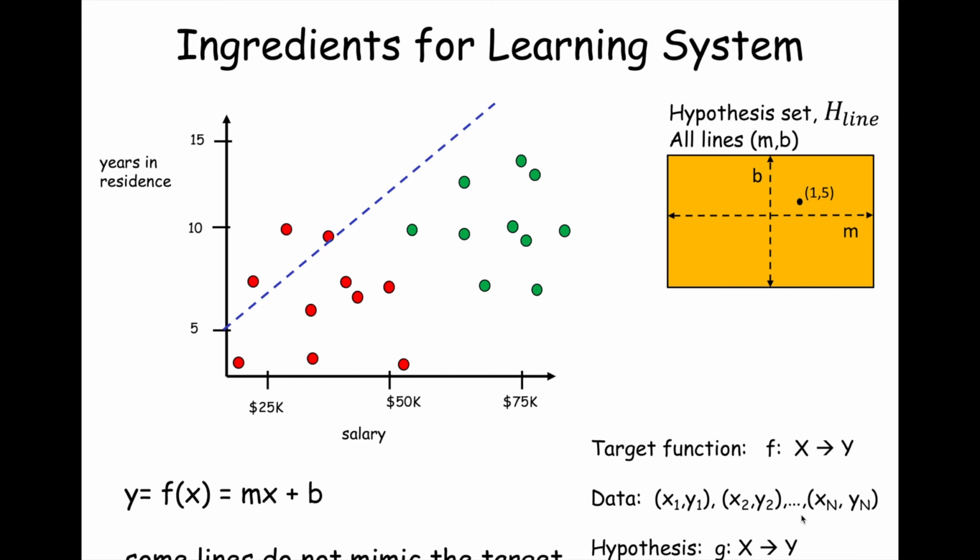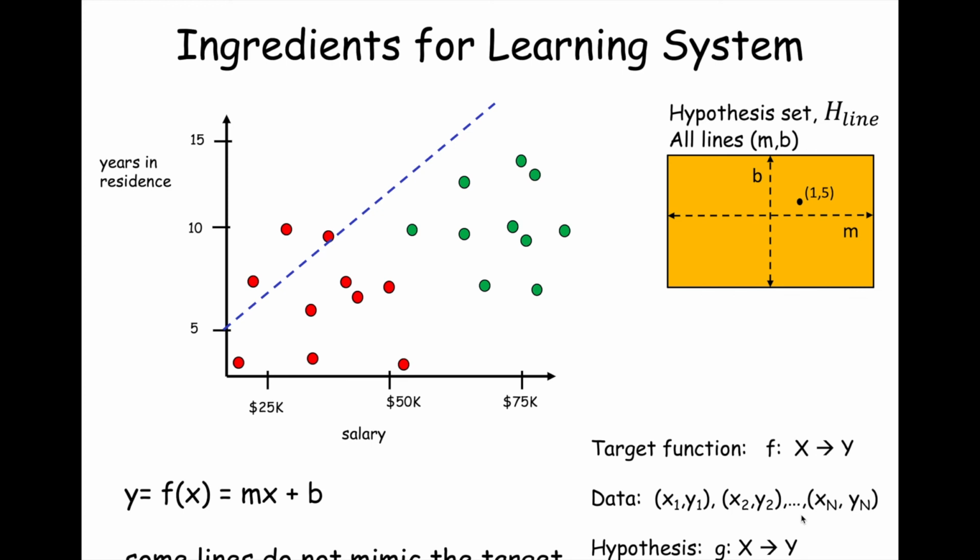We don't know what the line is, but we do know how to measure how different this choice is from the target function. So let's think about this. Here we have a group, the red group. On the other side of the line is the green group, and you can't have red there. That red is not correct. The green group is on one side of the line, and the other side of the line is the red group.